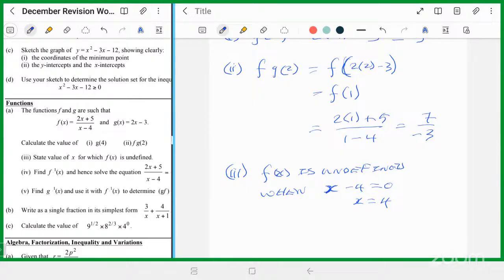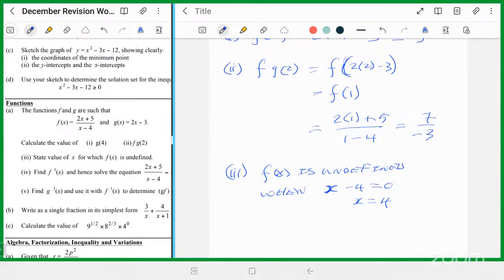Because remember, you have a function when each value in the domain is mapping to one and only one element in the range or in the codomain. On a mapping diagram, it is revealed by not having any element in the domain that is mapping more than one time or that is not mapping at all.